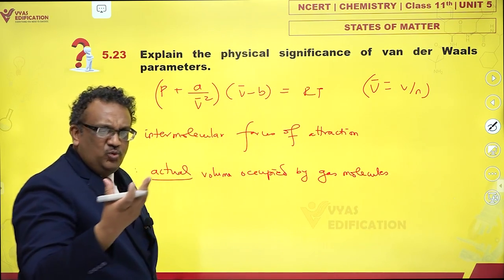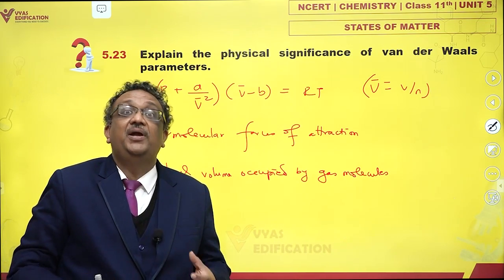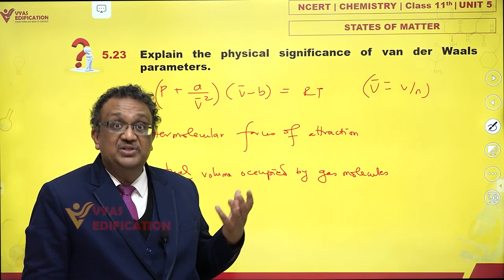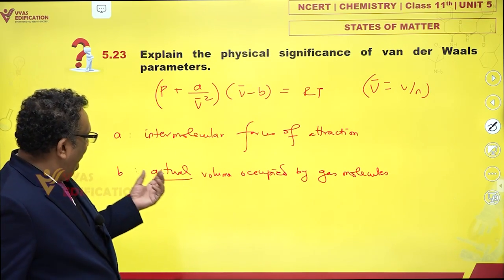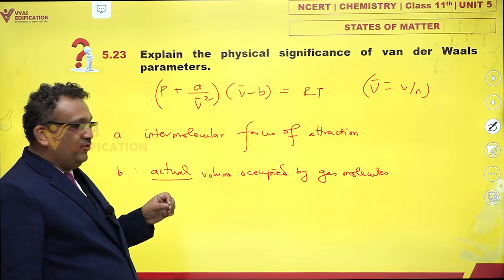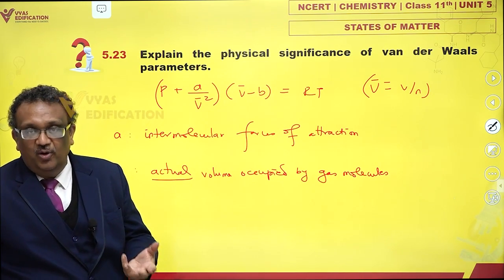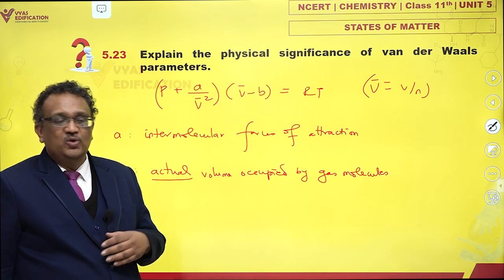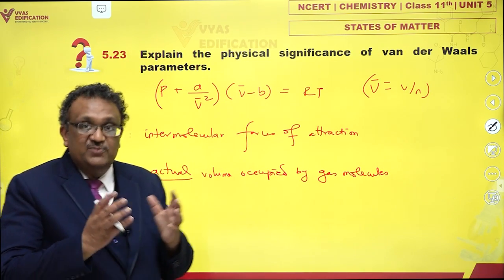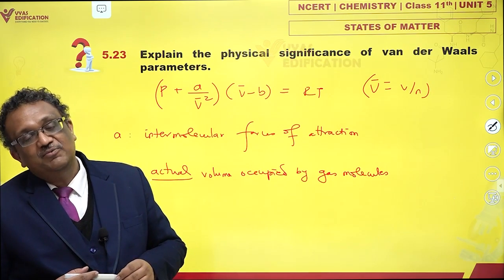So if the actual volume of a molecule is bigger, b is bigger. If you have a bigger molecule like benzene, benzene would have a larger value of b as compared to a smaller molecule, for example argon or helium. So if you have smaller atoms or molecules, you have a smaller value of b. If the size becomes bigger, the value of b becomes bigger.